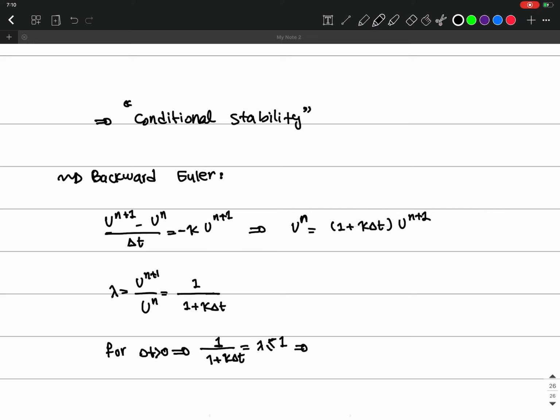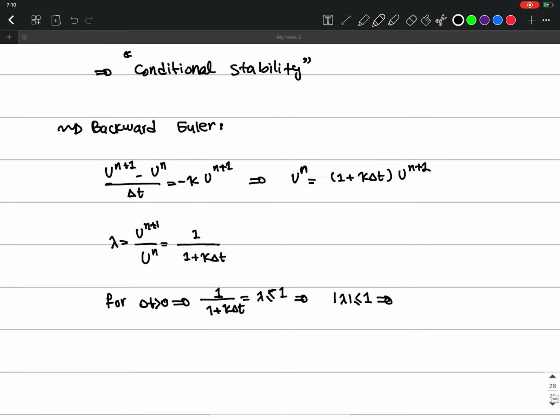So the absolute value of lambda is always smaller or equal to 1, and this means we will be unconditionally stable.